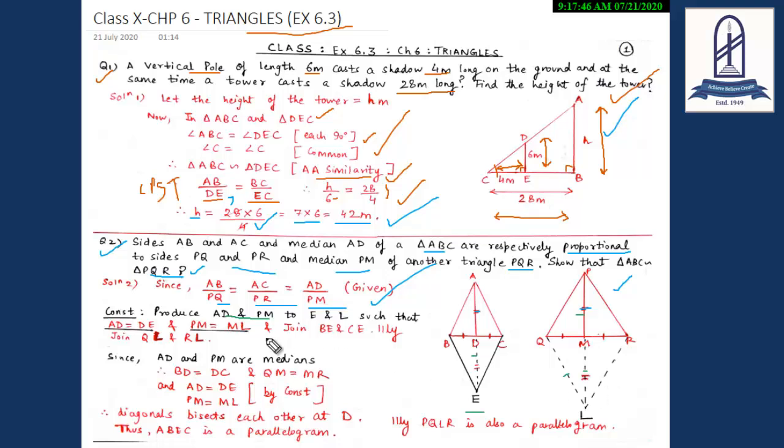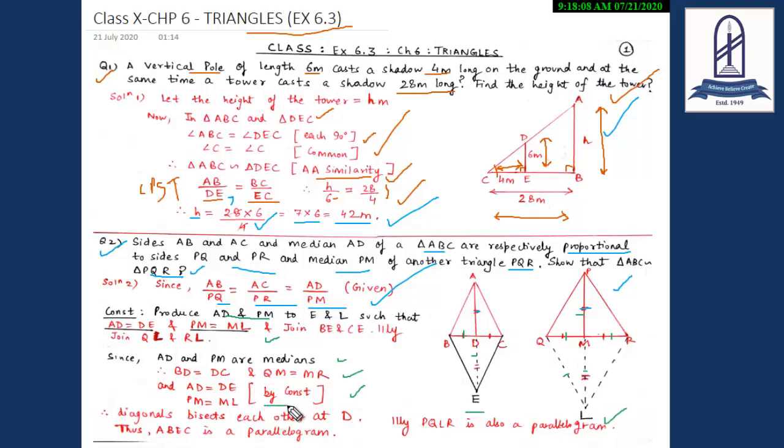So in triangle ABC, we can say that if AD is a median, then BD is equal to DC. And now in triangle PQR, if PM is the median, then QM is equal to MR. And by construction, AD is equal to DE and PM is equal to ML. They are also equal.